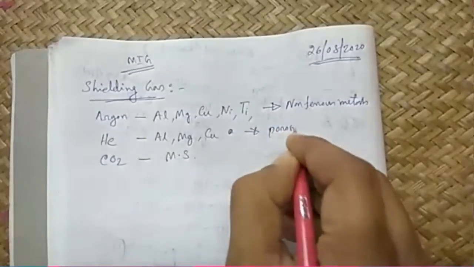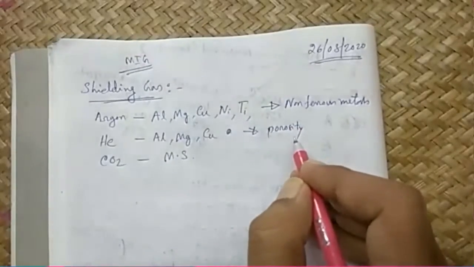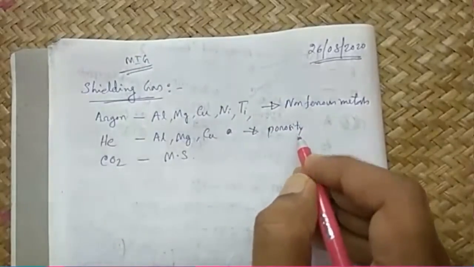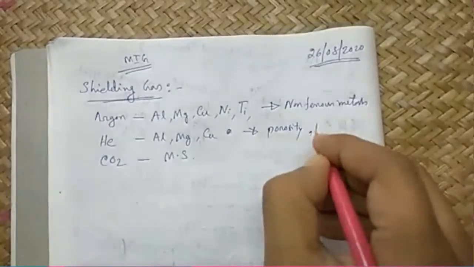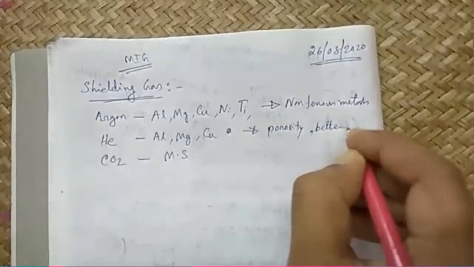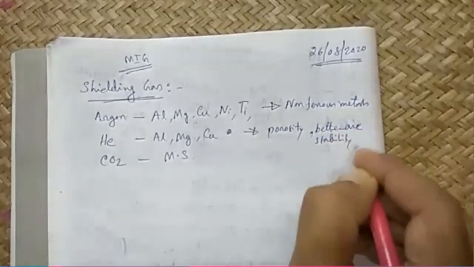So if we use helium, it can work against porosity, and it provides better arc stability.